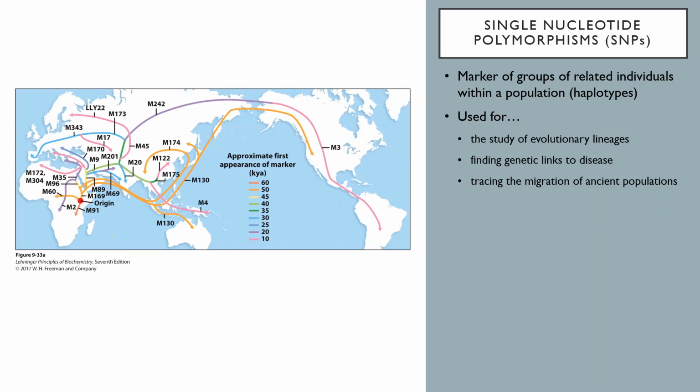So in fact, we now know that modern humans first evolved, or at least the genetic ancestors of modern humans appeared somewhere in Africa, and then several migration events happened after that, and then these populations sort of inhabited the rest of the world.